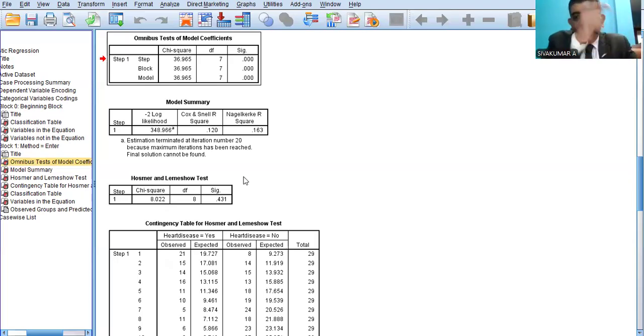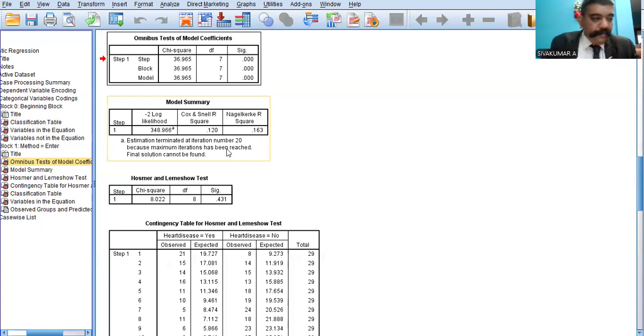From the binary logistic regression, we can conclude that only 16.3% variation in the dependent variable is explained. Okay, that is the explanation.